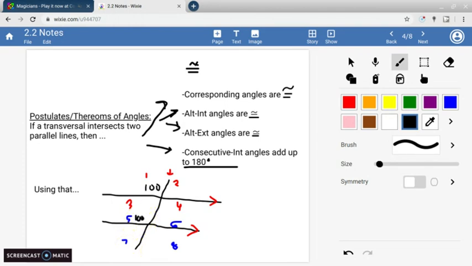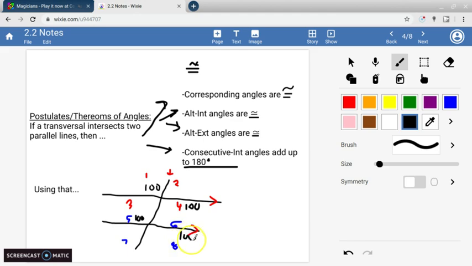Now, we also know that alternate interior angles are equal. So, which one is the alternate interior angle with 5? 4. So we know 4 is 100 degrees also. And which one corresponds with 4? 8 does.